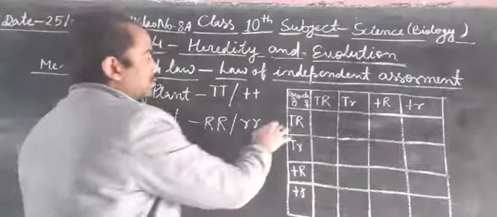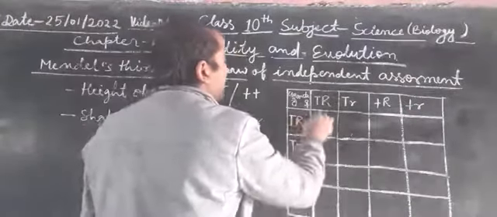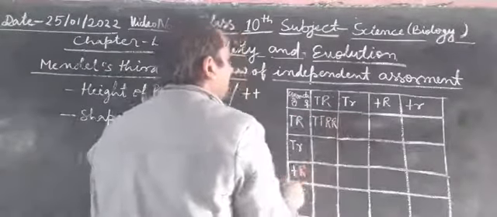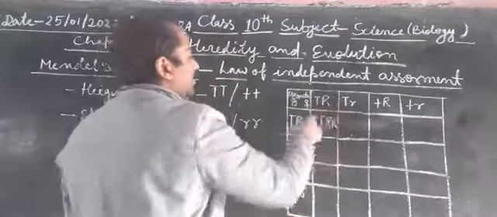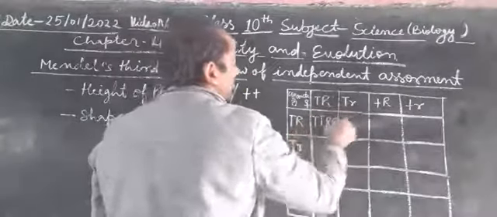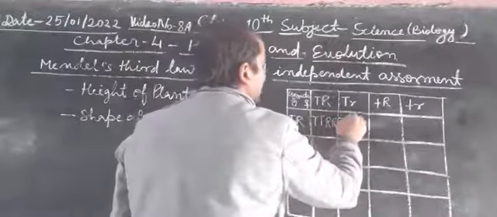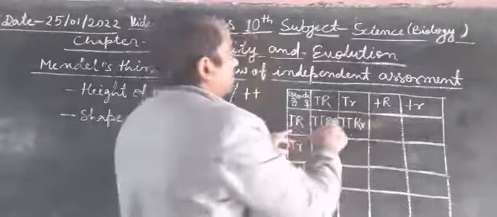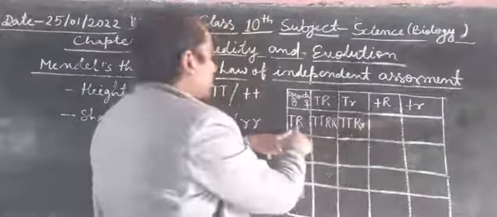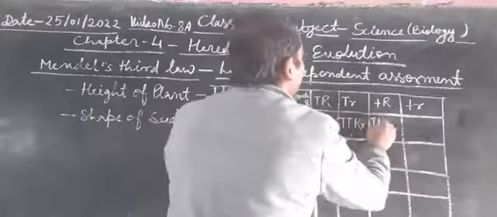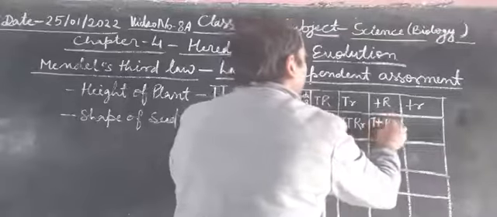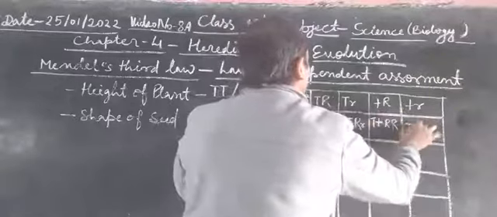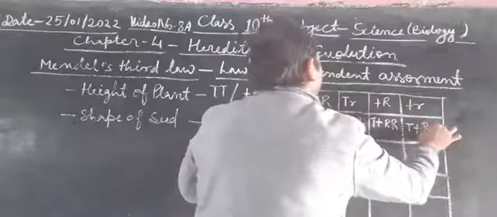Now cross capital T, capital T, capital R, cross of this and this and this, capital T, capital T, capital R, small r, capital T, small t, capital R, capital T, small t, capital R, small r.